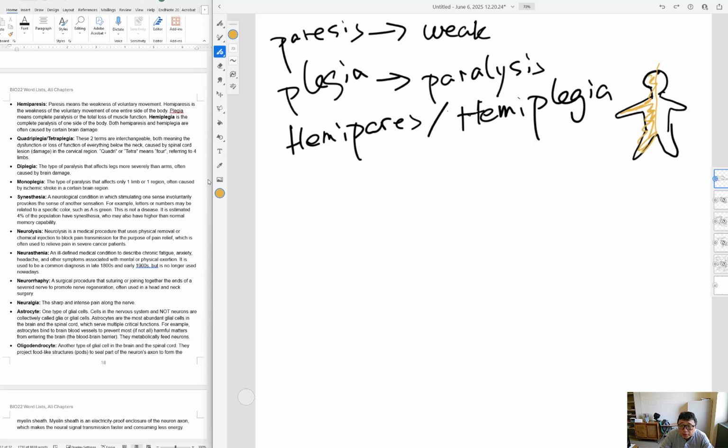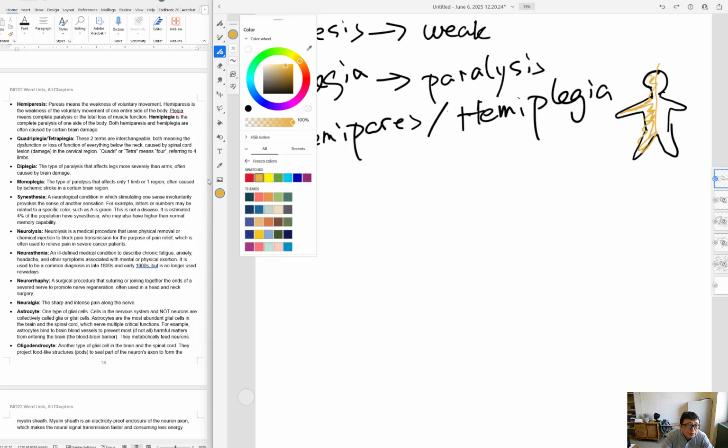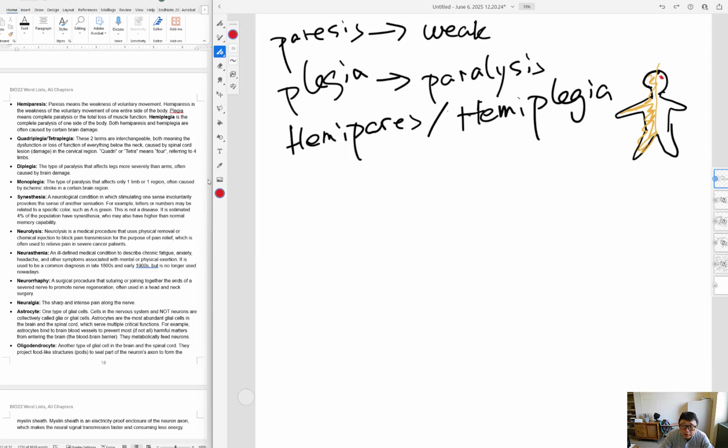It's often caused by something wrong in the brain. Here, the brain has a crossover, so something wrong on one side of the brain causes weakness or paralysis on the other side. So, and then the next one.